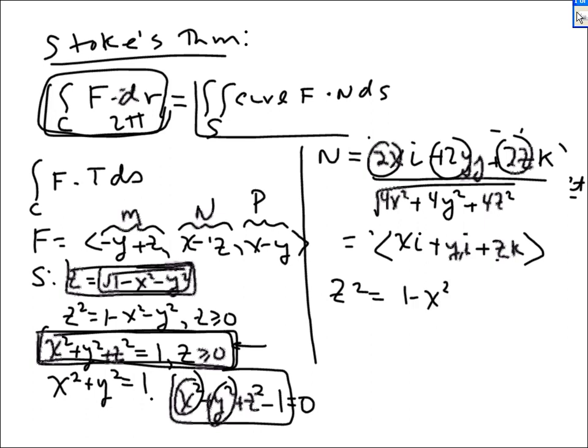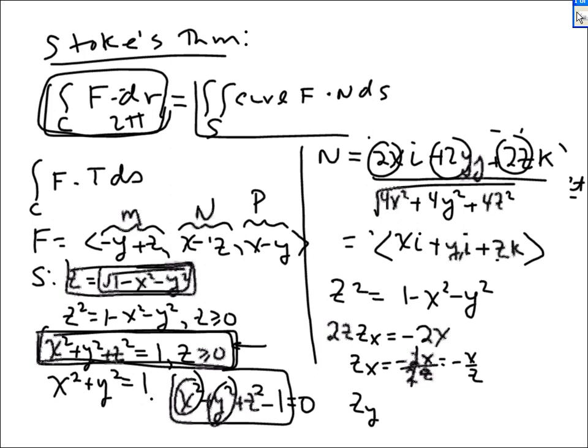So now, what is z sub x? 2z z sub x is equal to negative 2x. So z sub x is negative 2x over 2z. And of course the 2's cancel out. It's negative x over z. And z sub y is going to be symmetrically the same. It's going to be negative y over z.